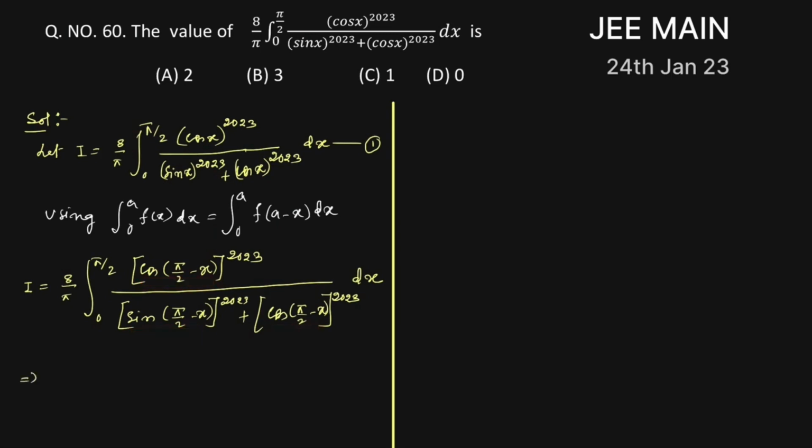This implies that we are able to write I equal to 8 by pi integration of 0 to pi by 2, sin x to power 2023 divided by (cos x to power 2023 plus sin x to power 2023) whole dx, and we take this to be equation number 2.